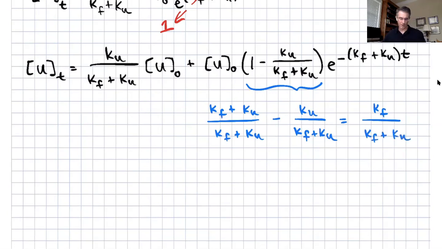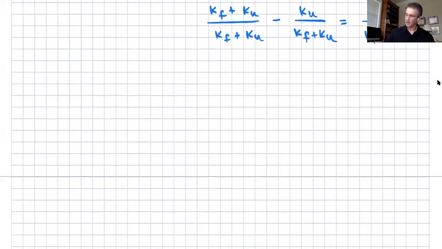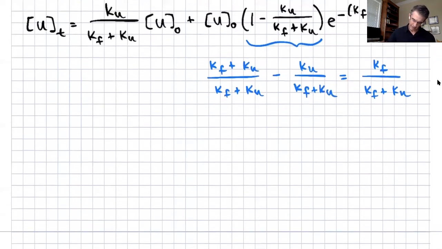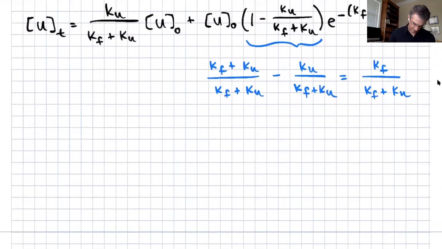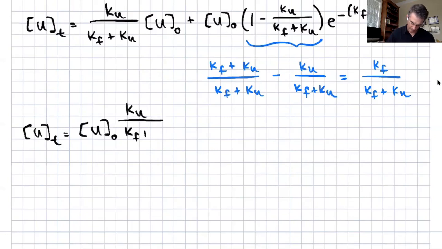All right, so that'll simplify things a little bit. It won't be quite that ugly. So let me just write that out again. Now our function of U as a function of time is simply equal to the concentration of U at time 0, ku over kf plus ku.